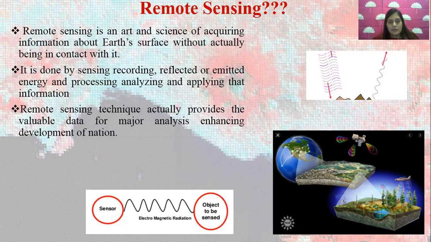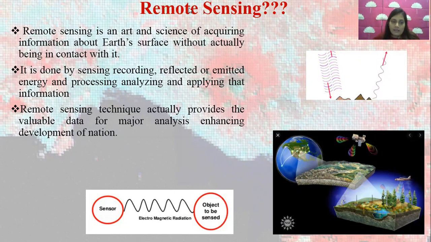That is remote sensing. Remote sensing is an art and science of acquiring information about the earth's surface without actually being in contact with it. It is done by sensing, recording, and reflected or emitted energy, and processing, analyzing, and applying that information. This is what I am discussing technically.